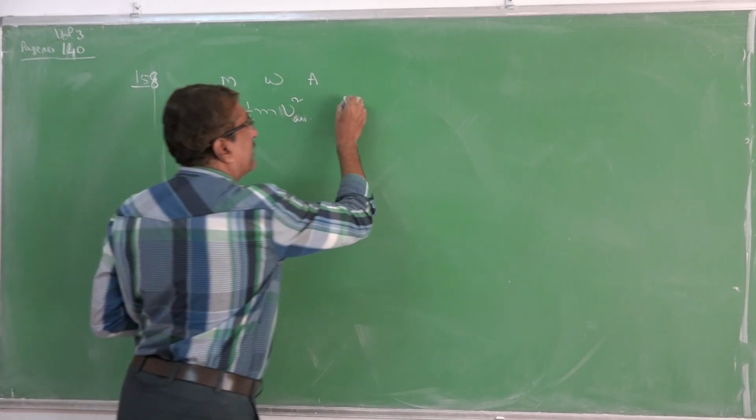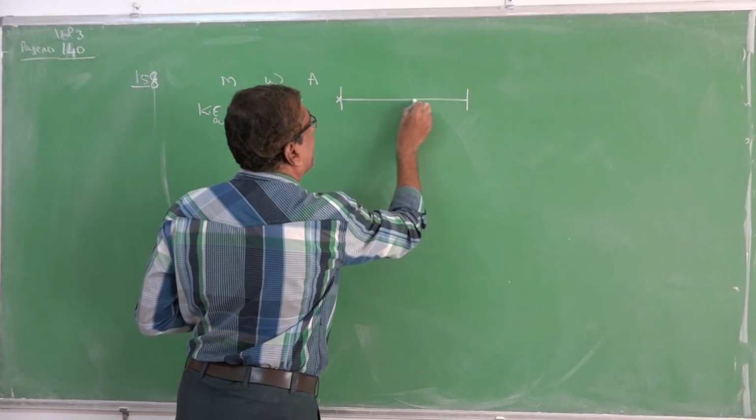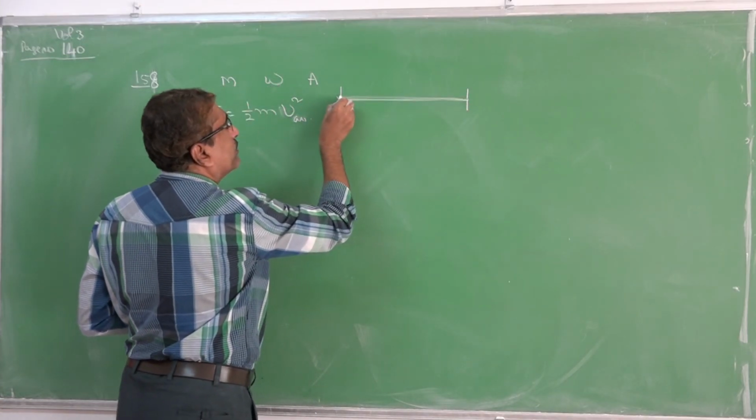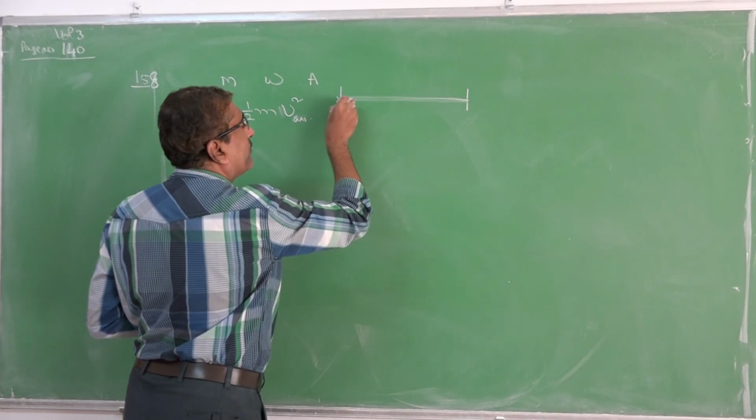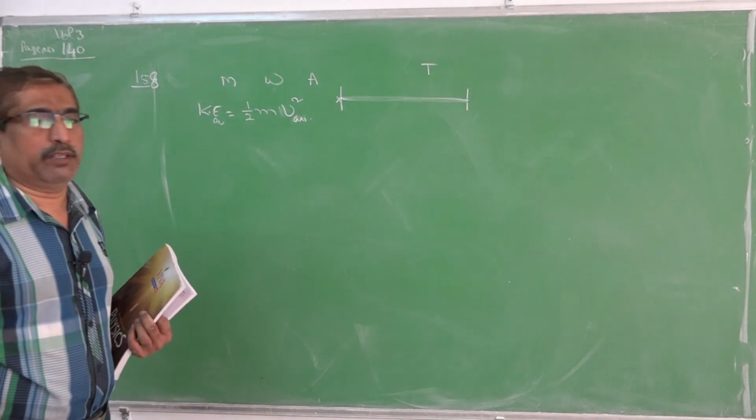But average velocity in SHM is, suppose if we start from here, it takes twice the amplitude. So total distance is 2A in a time t.